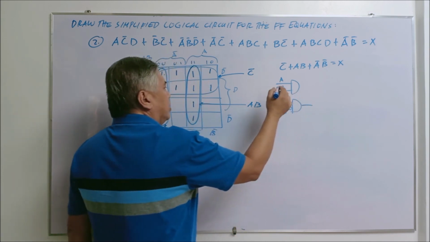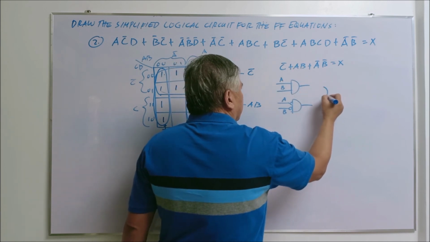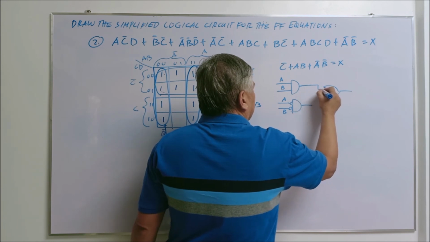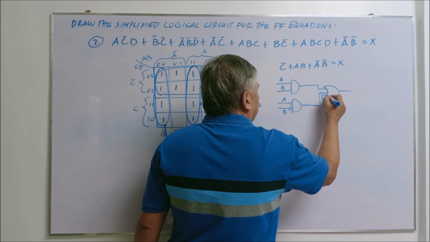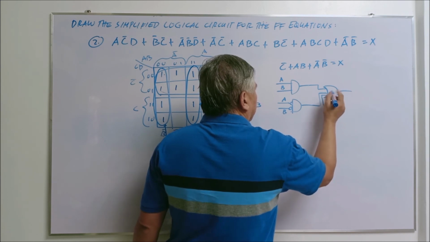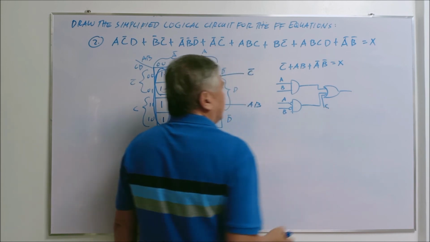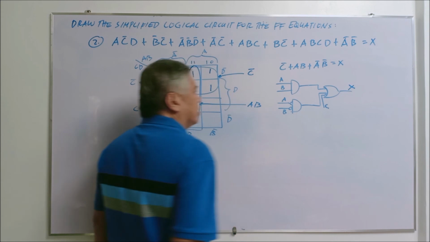And then these 2 AND gates are being ORed to C complement. Then we have C complement, no? So there is a bubble here. Okay, so that is your C, and this will be your X.